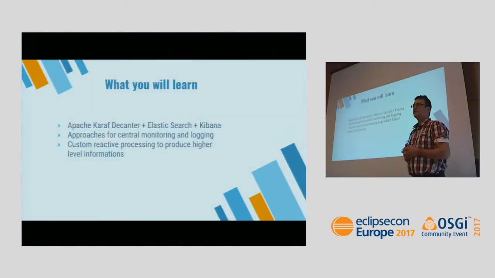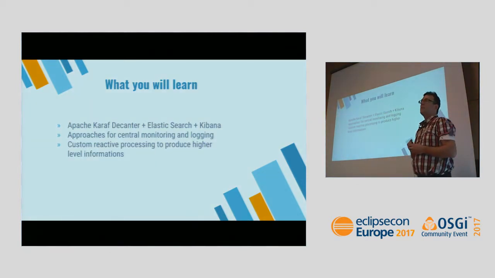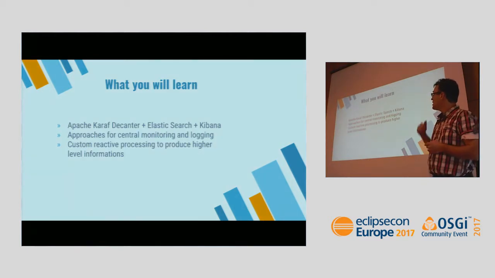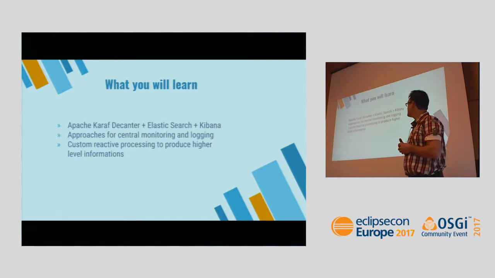So let's look into what we'll learn today. I'm looking into Apache Karaf Decanter. It's a sub-project of Karaf, and it's basically an adapter to monitoring solutions. And I'm showing it together with Elasticsearch and Kibana, so it's a quite nice setup together.